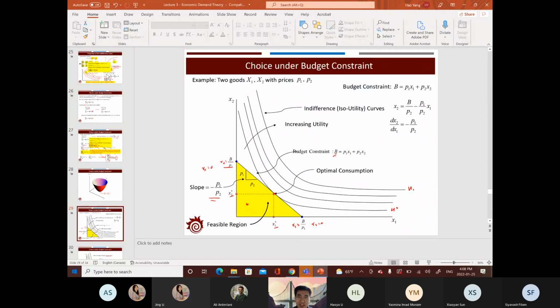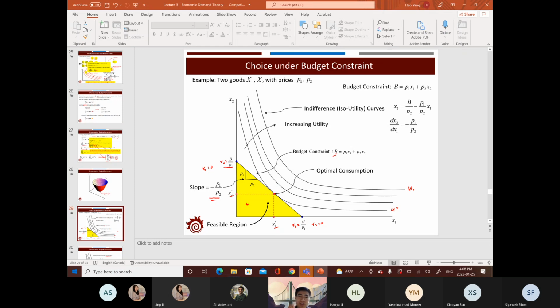The definition is actually in the previous pages, but iso-utility curve means each indifference curve represents one iso-utility curve. These two are equivalent to each other.